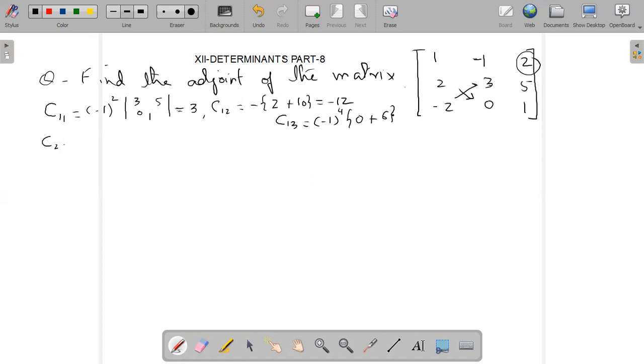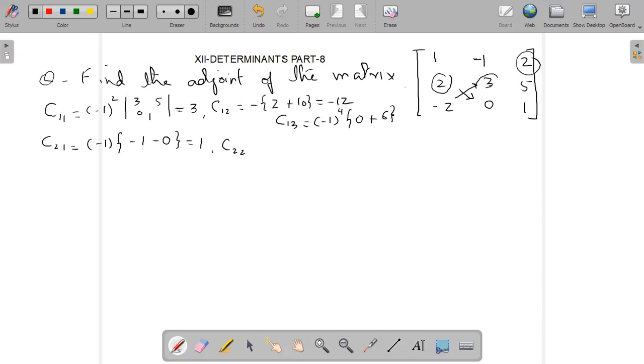Similarly, C21 is minus 1 raised to power 3, so the negative sign comes outside. Deleting its row and column, minus 1 into 1 is minus 1 and minus 0 into 2 is 0, so minus minus plus, the answer is 1.